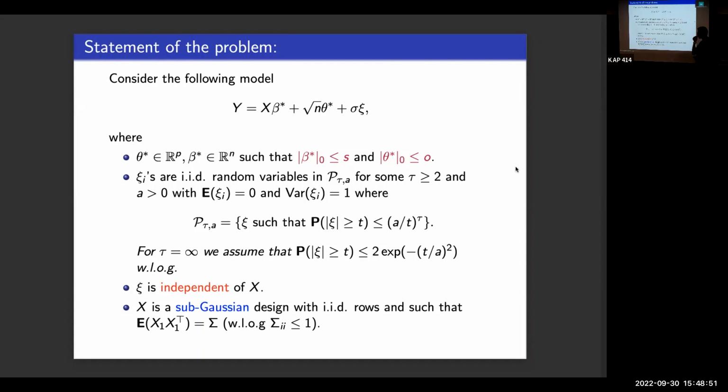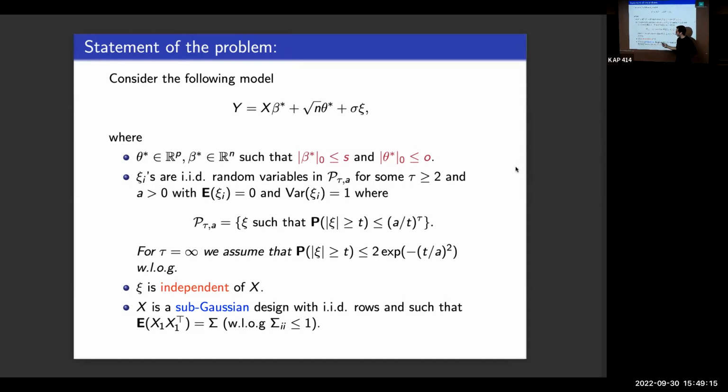Well, maybe this is a little bit of a strong assumption. We want X, I will tell you later why, to be a sub-Gaussian design, meaning that the rows of X are sampled IID, and each row has covariance sigma that we don't necessarily know. We don't assume anything about the condition number of sigma or the spectrum.